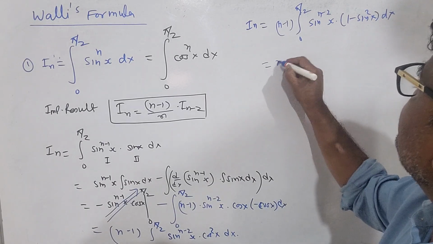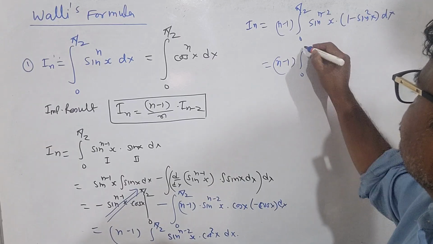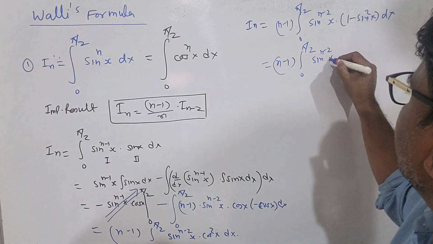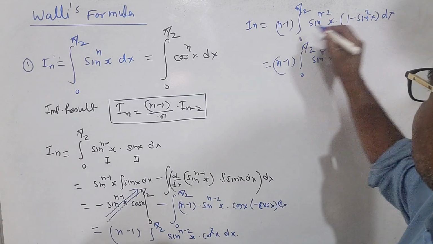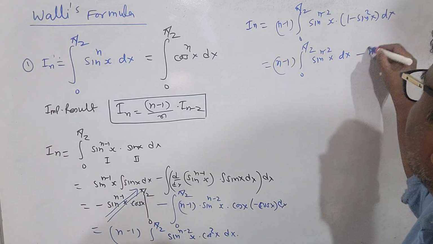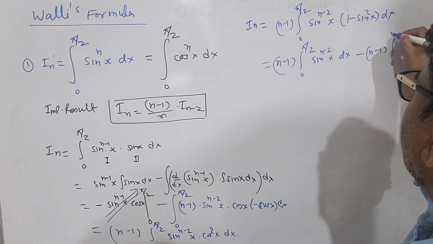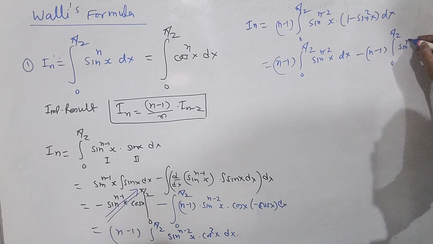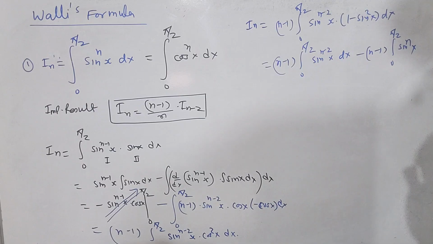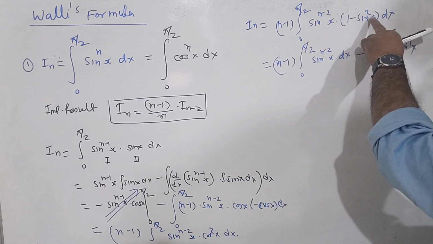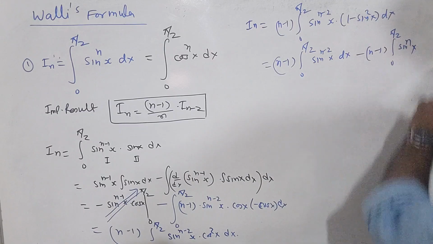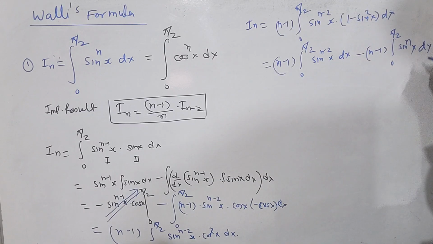So this is n minus 1 into integration from 0 to pi by 2 of sin n minus 2 x dx, and then minus n minus 1 into integration from 0 to pi by 2 of sin to the power n x. Correct? Because sin to the power n minus 2 of x multiplied by sin square x will be sin to the power n x dx. Correct?